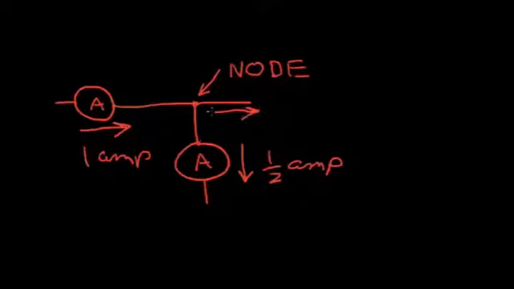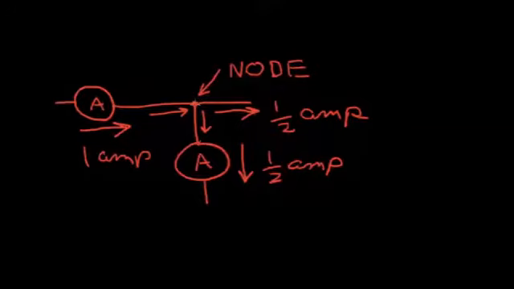It stands to reason if we have a current of 1 amp flowing into this node and a 1/2 amp flowing down out of this node, that we must have a 1/2 amp flowing to the right. We don't have to put an ammeter in the branch at the right. We know that this is true from conservation of charge.